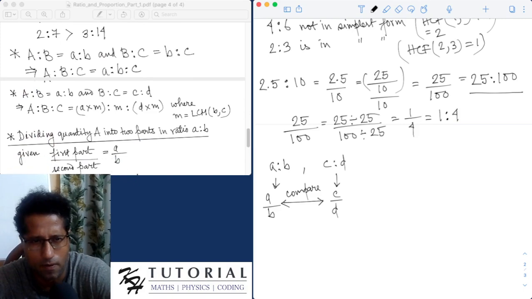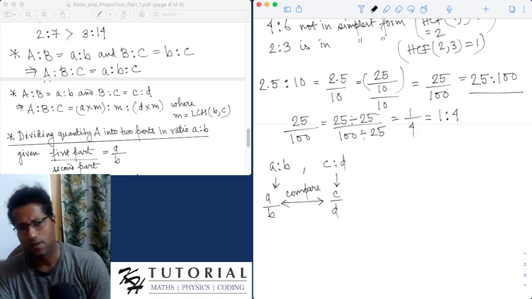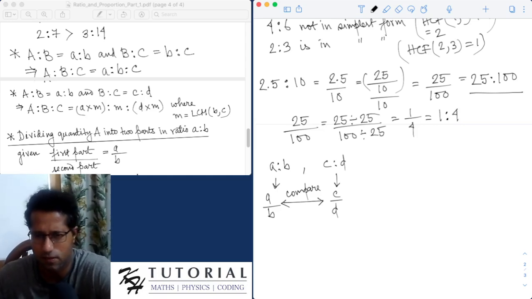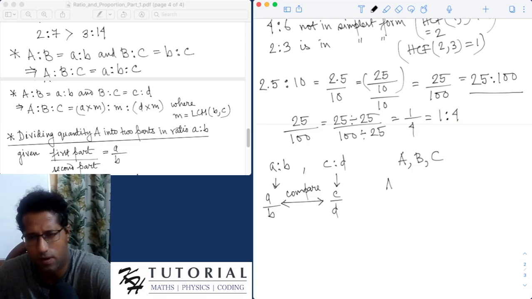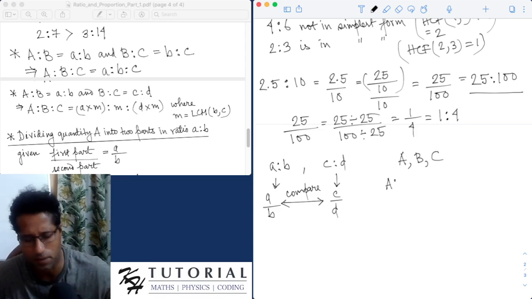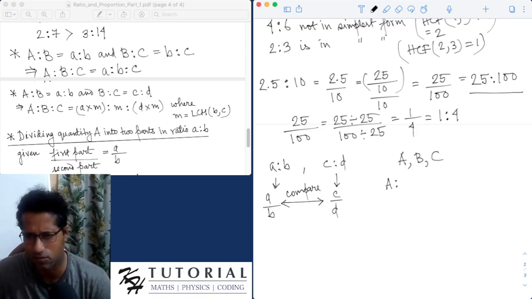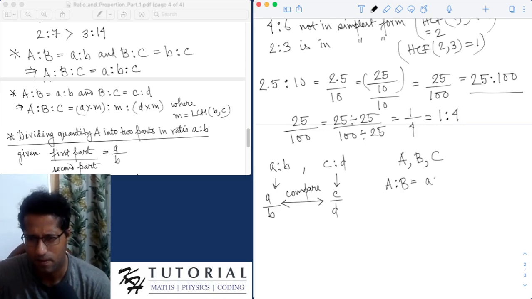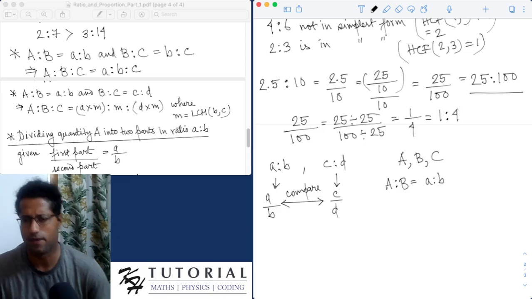Okay. Now, let's say there are three quantities A, B and C, and they are of the same kind and same unit, and it is given that the ratio of A is to B is small a is to small b, where small a and small b are some fixed constant values, but the quantities A, B, C are unknown.